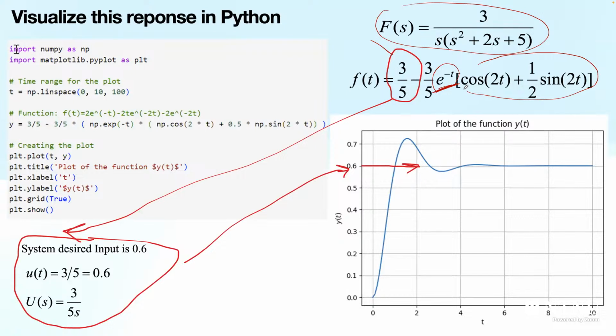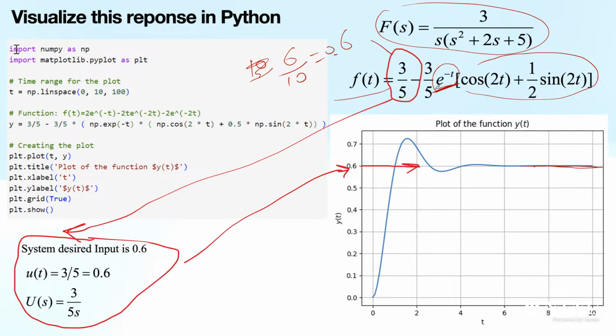When you look into the response, you see that at steady state, my output will equal 0.6, which is 3 divided by 5. 3 divided by 5 is 6 divided by 10, which is 0.6. So my output at steady state should equal 0.6 minus, this is the natural component, minus 3 divided by 5 multiplied by exponential minus t.